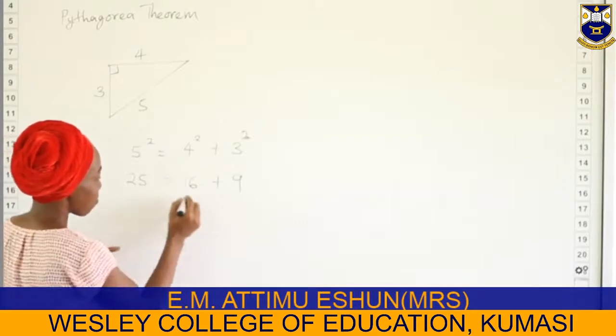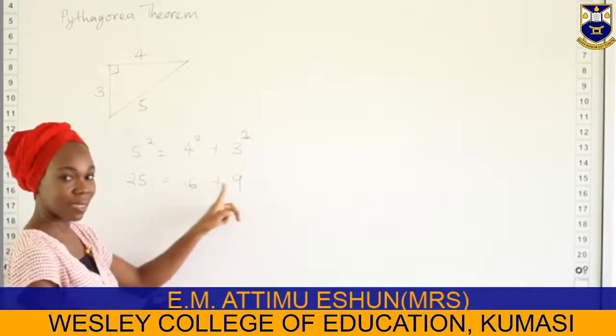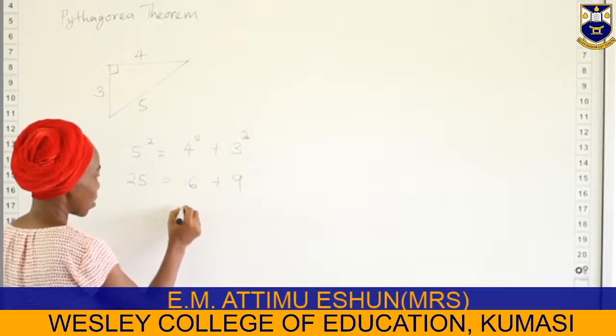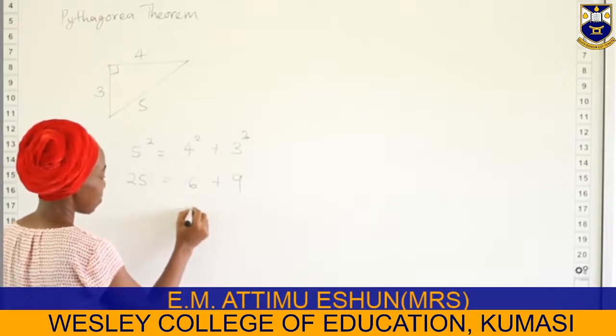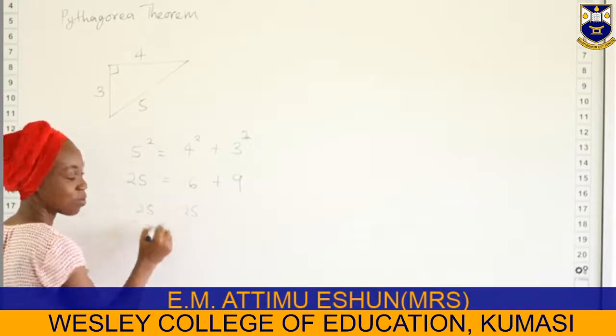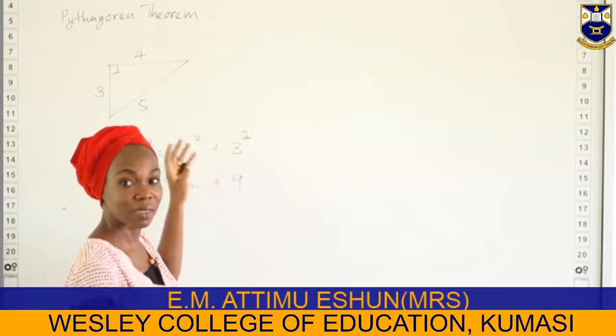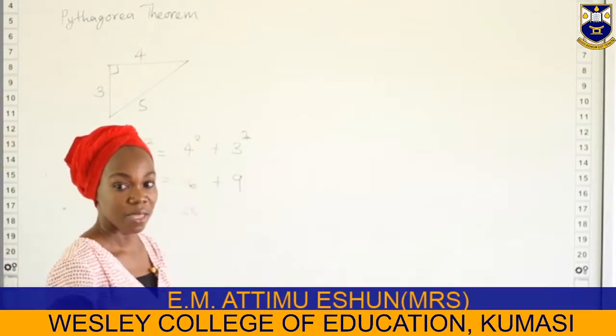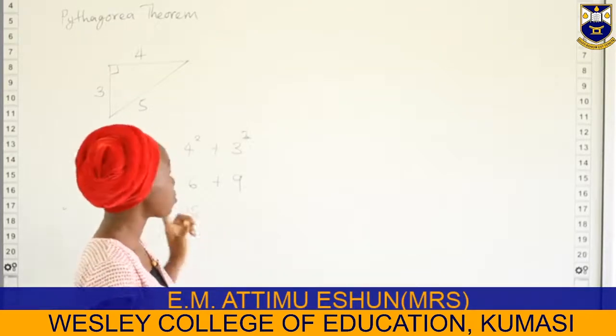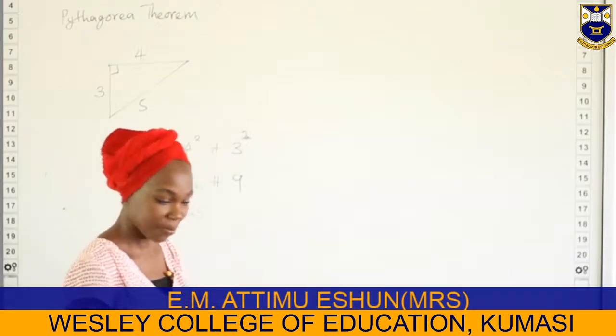So we have 16 plus 9 will give us 25. And so we have 25 is equal to 25. So the Pythagoras statement is true for the triangle with the sides 3, 4, and 5.